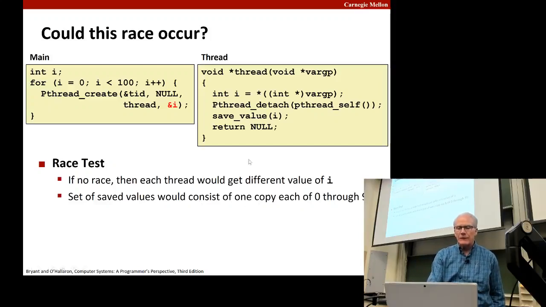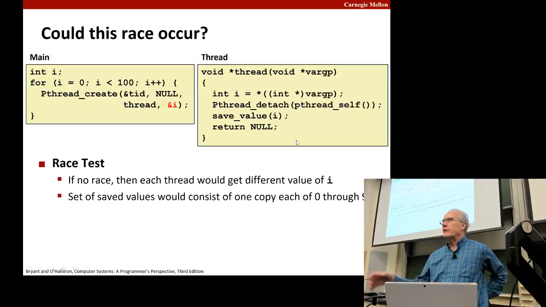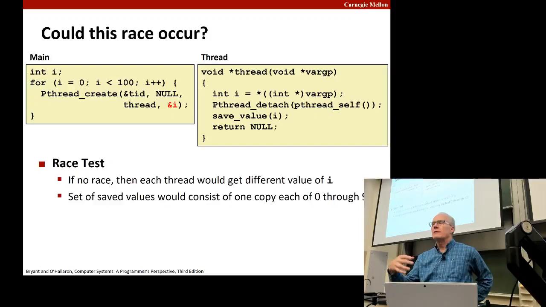If there were no races, I'd get values 0 through 99 for the 100 different threads. But if this goes too quickly, then multiple threads will see the same version of i.